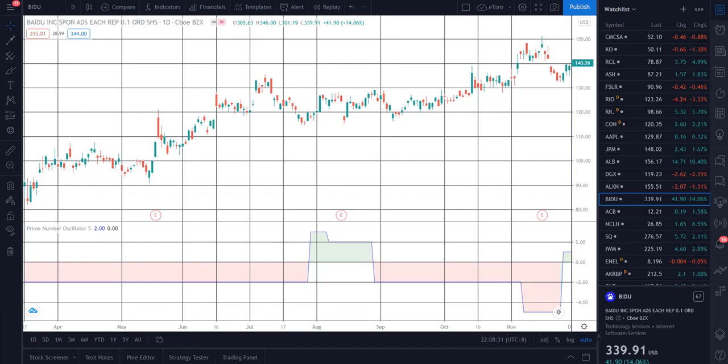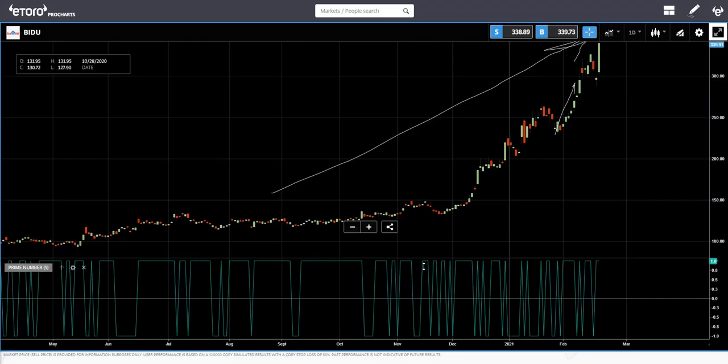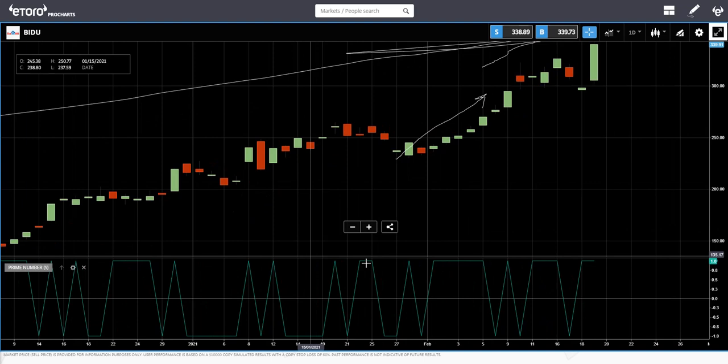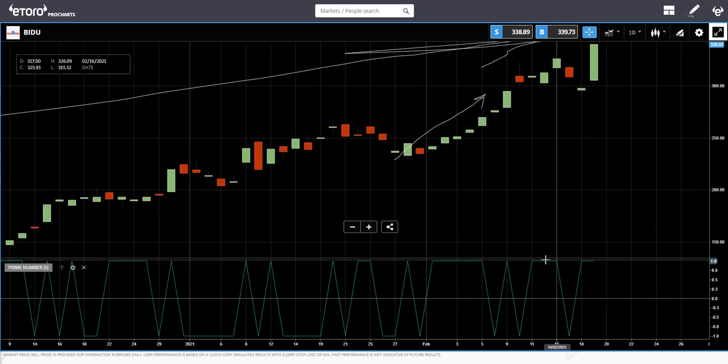Just as a conclusion, just to wrap it up, the trend, you look at the wider flat sections. If you have more wide sections at the top, you can say that you are in uptrend, and vice versa.